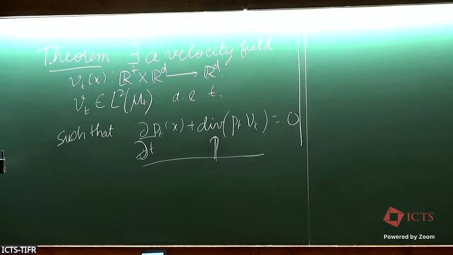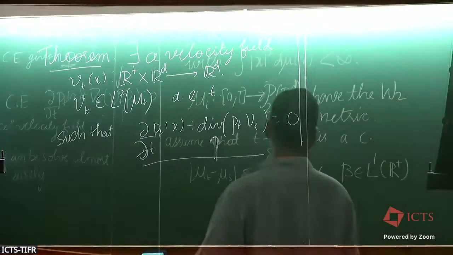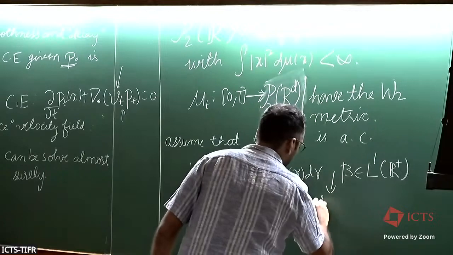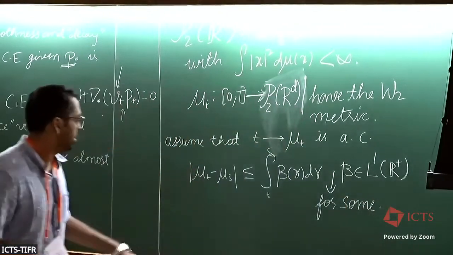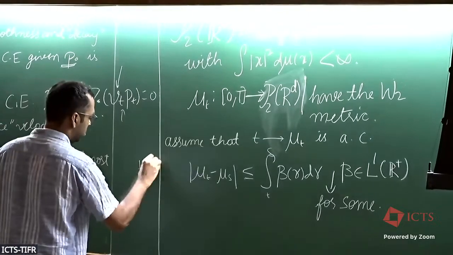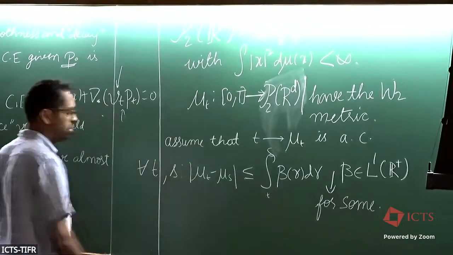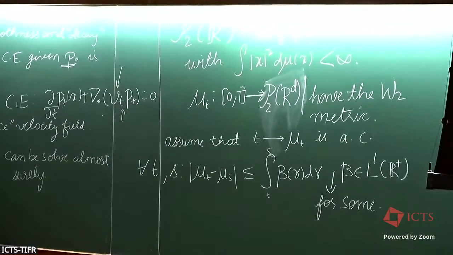Yeah, so there exists some beta. Yeah, it's for all s and t. Sorry? Almost everywhere.